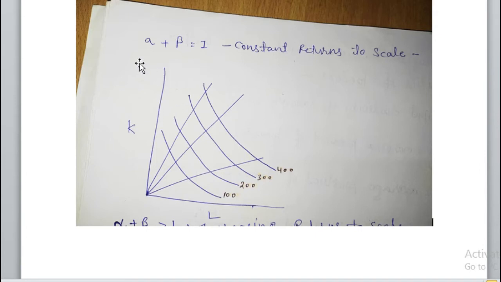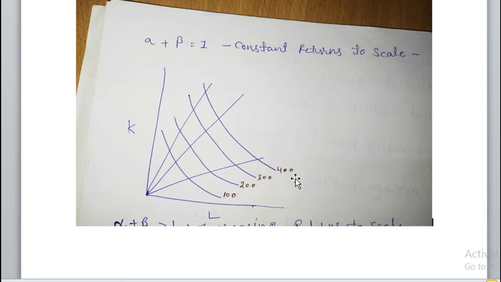On the y axis is capital, on the x axis it is labor, and here are your isoquants, like isoquant of 100 units of output, isoquant of 200 units of output, likewise 300 units of output and 400 units of output.